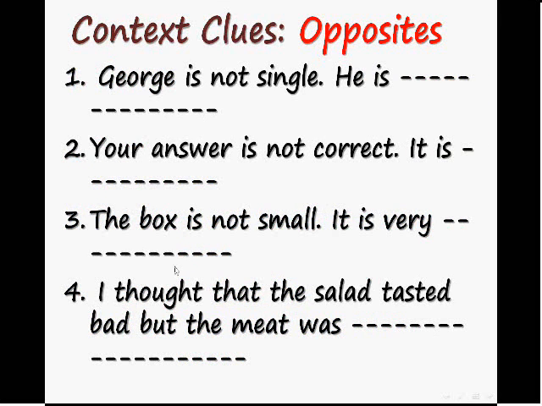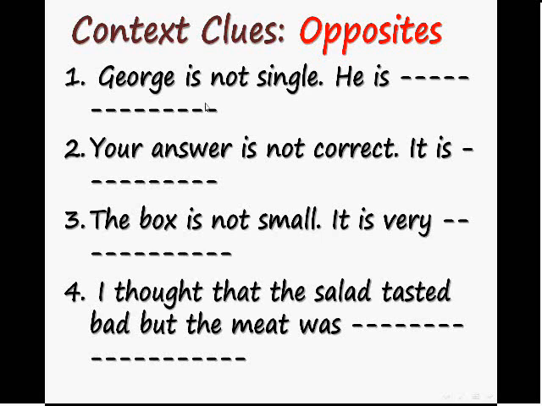Okay. Again, there are other ways of knowing the meaning of the word, and again, this is another way of using context clues by using the opposites. Okay, so let's look at these four sentences together, and we'll try to use the opposites of some of the words.